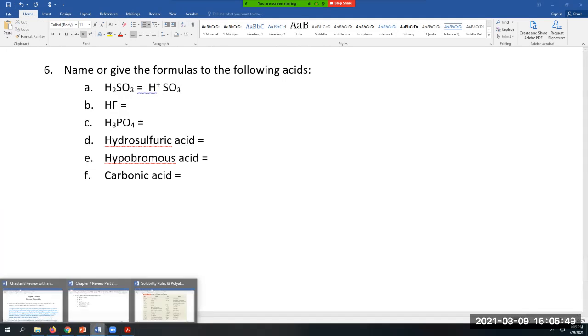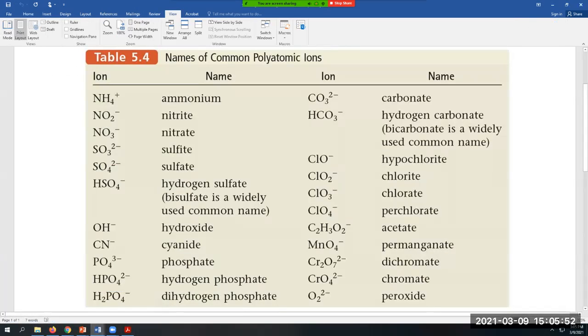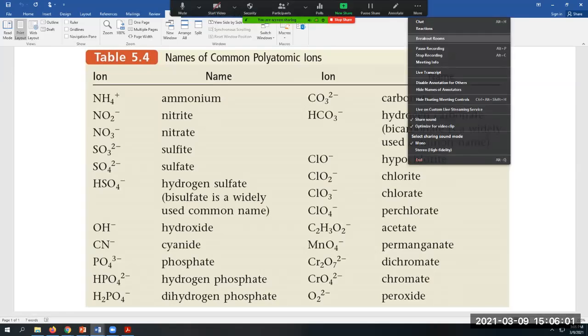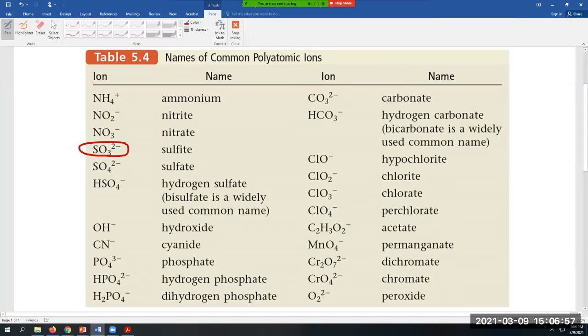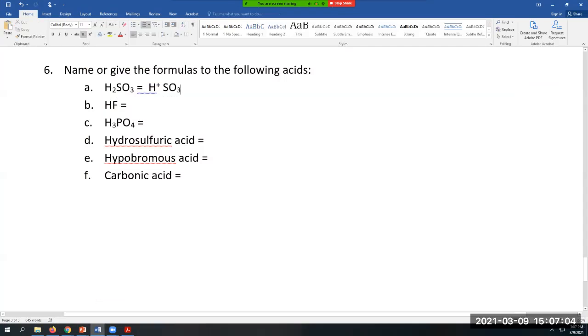So if we look at the list of polyatomic ions and try to find the sulfite, the SO3, the sulfite is here, SO3 2-. So we now know the charge on SO3, and it's 2 negative charges. The 2 negative charges are a superscript, the 3 is a subscript. So those are the 2 ions that make up this acid.